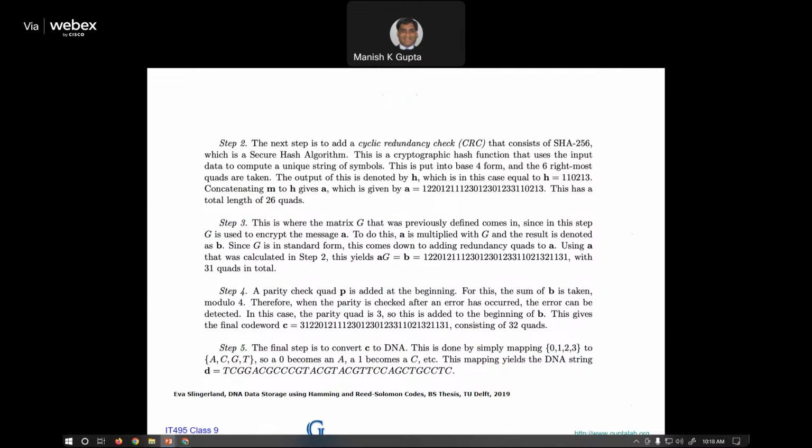Finally, once you got this C, they have used a very simple map. 0, 1, 2, 3 map to ACGT. You can clearly see it's not a very clever map because there is a repetition of CCC, right? You don't want those kind of things. But they wanted to just demonstrate for a small thing, and it worked actually for the hello thing.